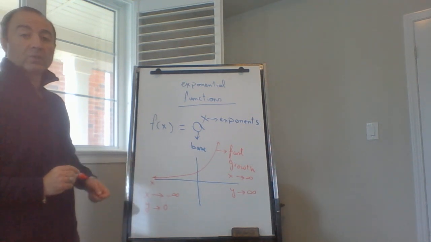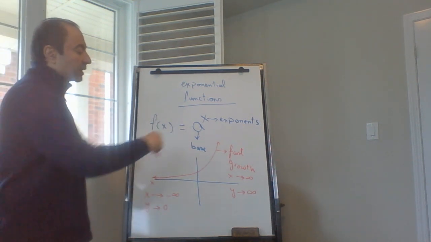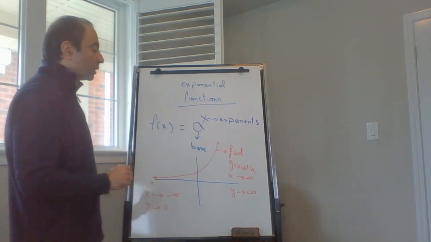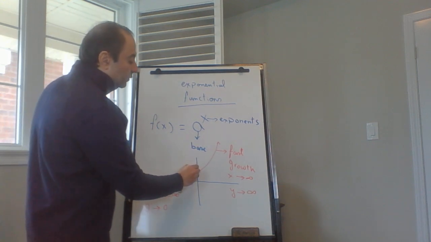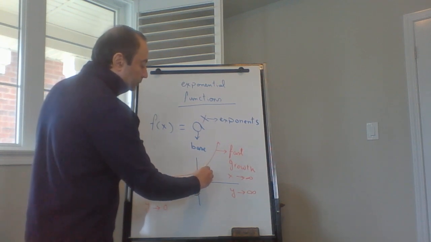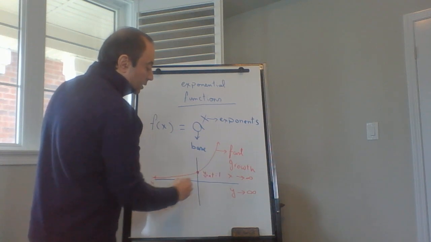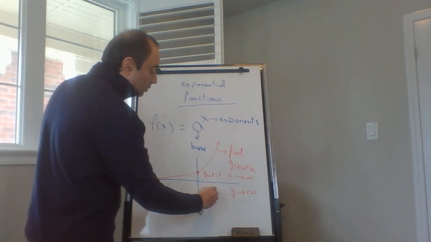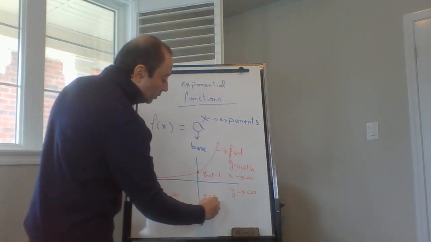So the first feature was a horizontal asymptote. The second feature is fast growth. The third feature is that it always has a y-intercept at 1. So when x is 0, y equals 1.